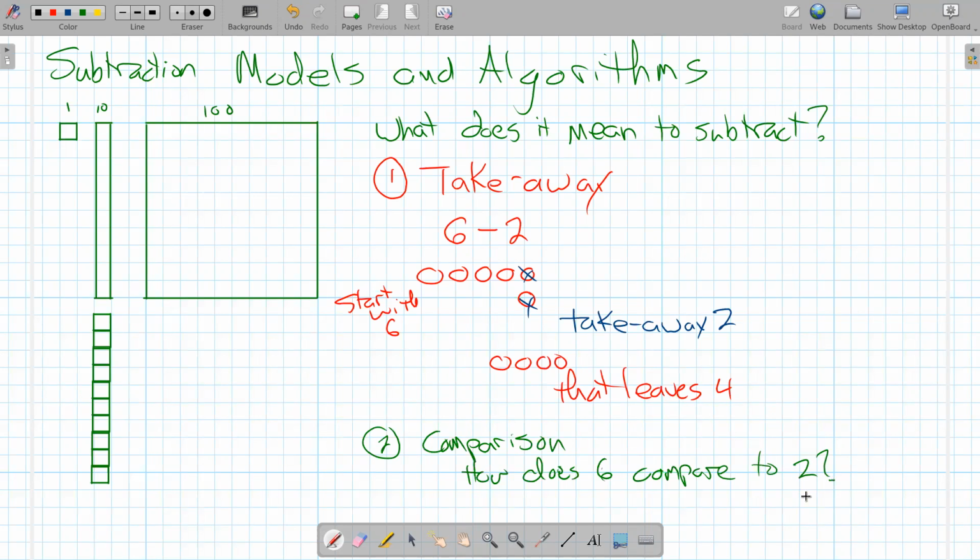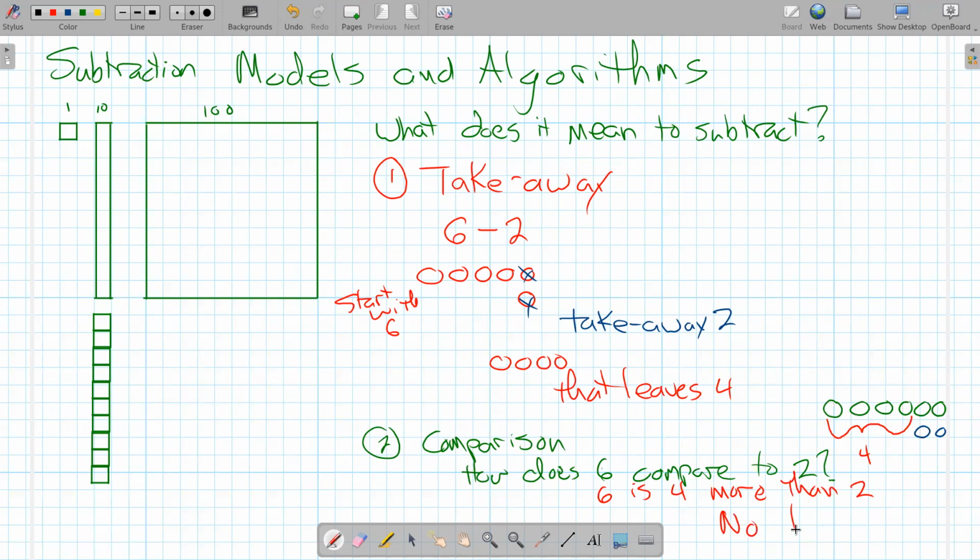So in that case, we're asking a slightly different question, but it's still a subtraction. So with this, I might draw 6 things and then compare that to 2 things. And in that comparison, I can see that there's a difference here. That 6 is 4 more than 2.